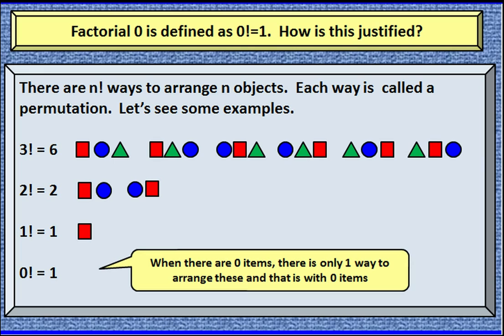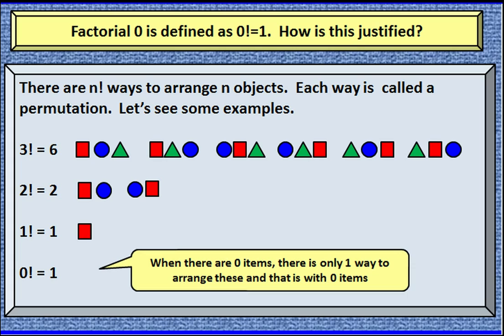How is this justified? There are n factorial ways to arrange n objects. Each way is called a permutation. Let's see some examples. For 3 factorial, which is equal to 6, as shown in the top row of objects, there are 6 different ways to arrange these objects.